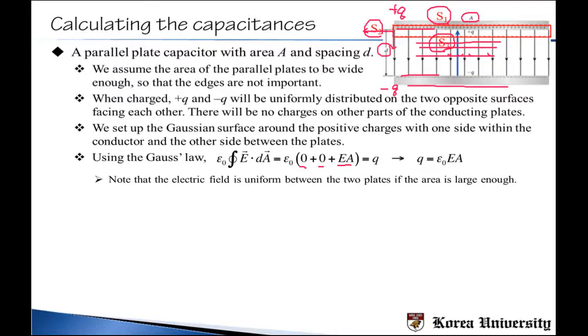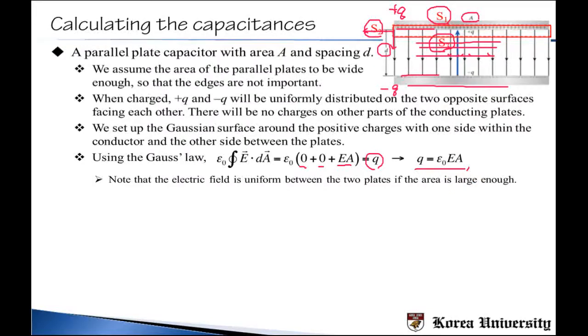And then how much charge is enclosed inside this Gaussian surface is, of course, the total charge of the upper plate, because we are enclosing the whole of the upper plate, as you can see in the figure. So therefore, it will be the Q, and then finally we get this equation.